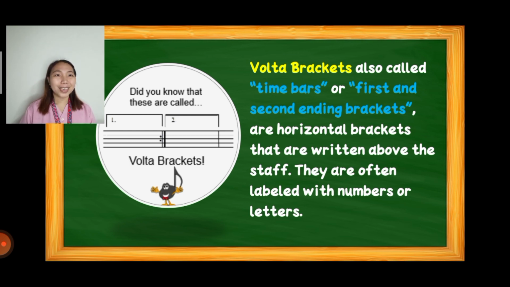Volta brackets, also called time bars or first and second ending brackets, are horizontal brackets that are written above the staff. They are often labeled with numbers or letters. Pwede siya nato suwatan nga sa numero or sa mga letra.